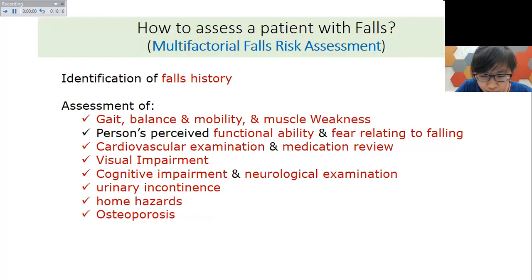Next, we'll be looking at how to assess a patient with falls based on the multifactorial fall risk assessment tool.